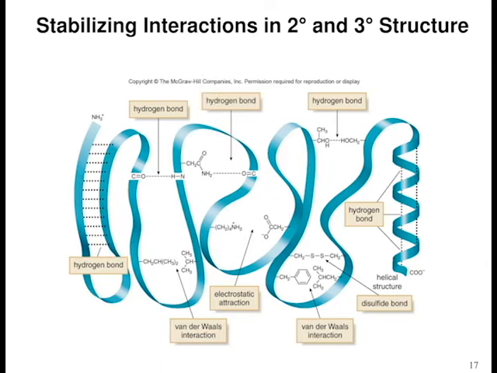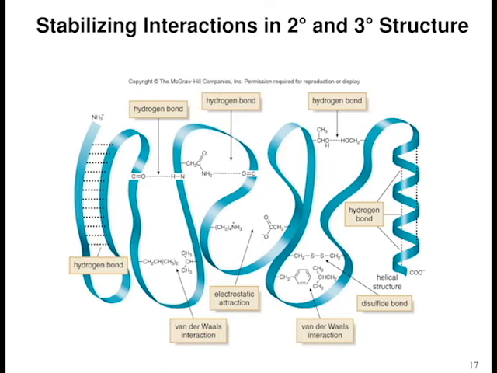Sometimes it's not enough. One 3D structure and another 3D structure can interact to form the next highest level, quaternary, like hemoglobin. Myoglobin has only one subunit. Myoglobin is another oxygen carrier protein that is only found in the muscle.